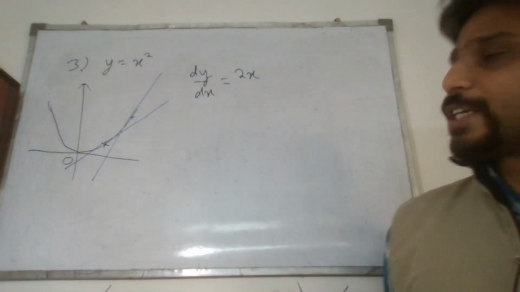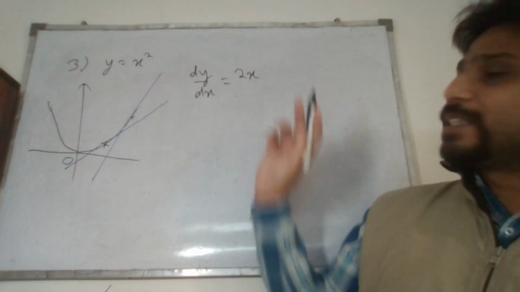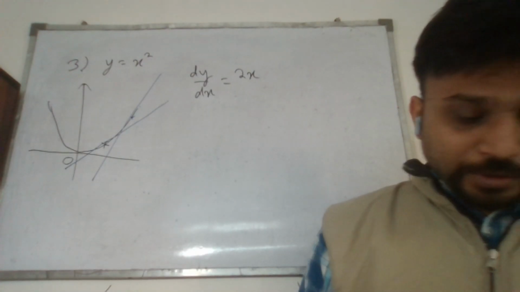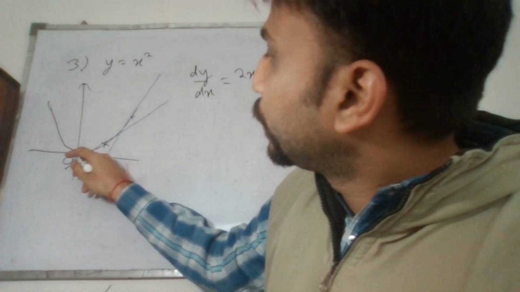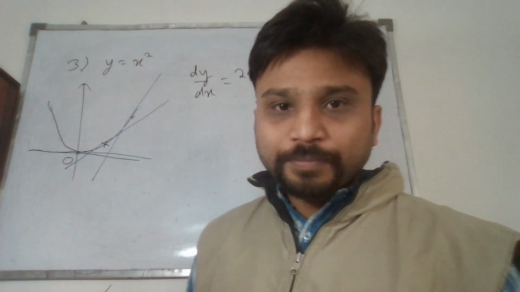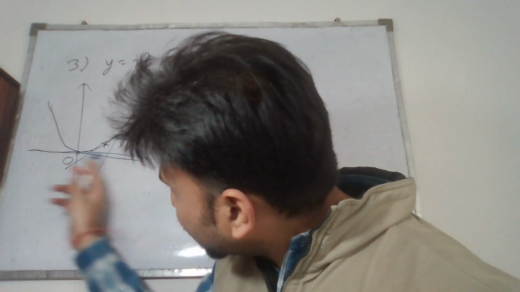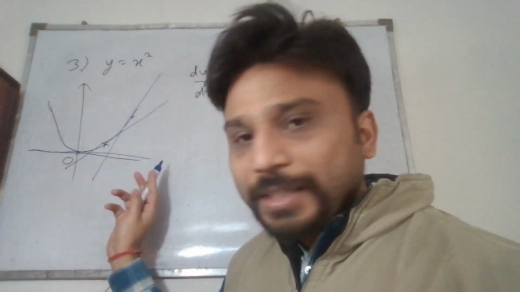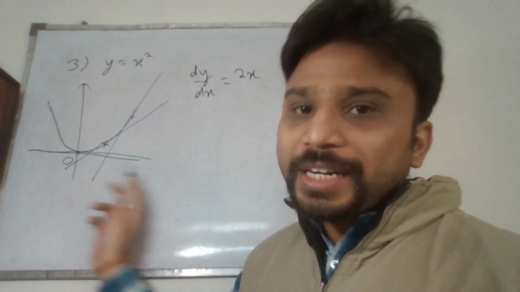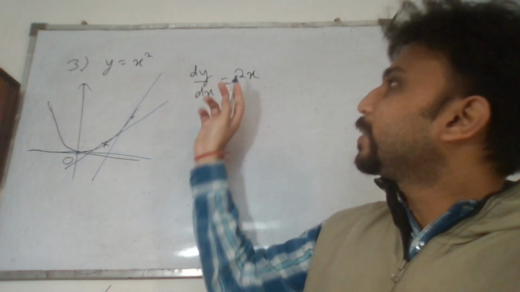So this we can also check. What if the value of x is 0? If the value of x is 0, the slope would be somewhat like this, because the tangent is drawn here at x equal to 0. As you can see, this graph is always along the x-axis or parallel to the x-axis, so the slope is 0.